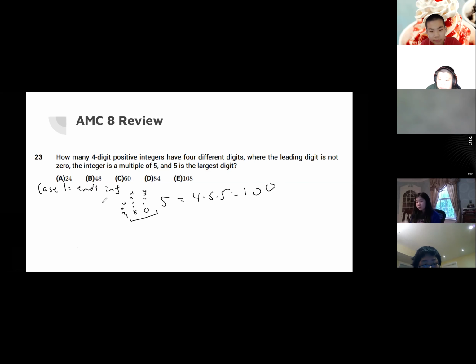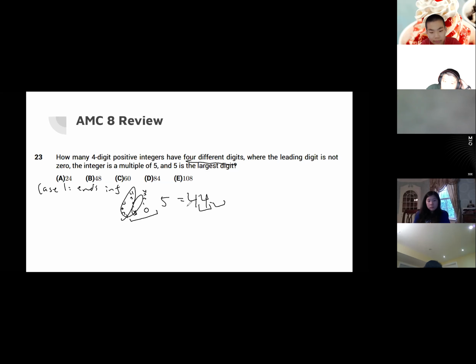Actually, sorry, this is incorrect because you have 4 different digits. So you have 4 choices for the first one because you can't have a 0. For the second one, you can have a 0, but what you can't have is what it was in the first, so 4.